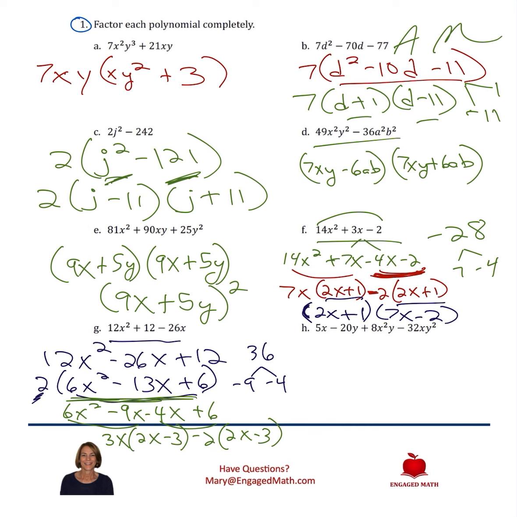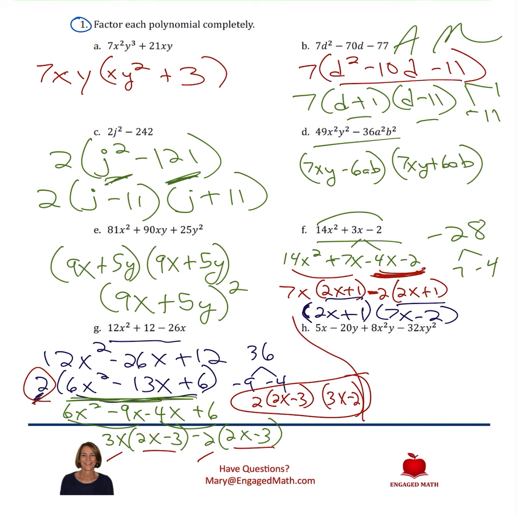We'll fit it in right about here. Our final is going to be, this 2 has to be rewritten, so it's 2, and then the 2x minus 3 is 1 GCF, and the remaining part is the 3x minus 2. So this right here is my final factored form.